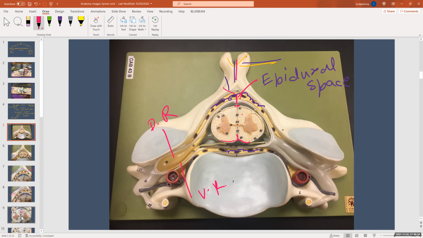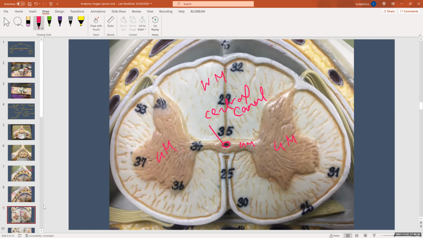Another way will be to focus on the spinal cord and look at this, erase some of this, look at these folds in the middle. These folds right there.